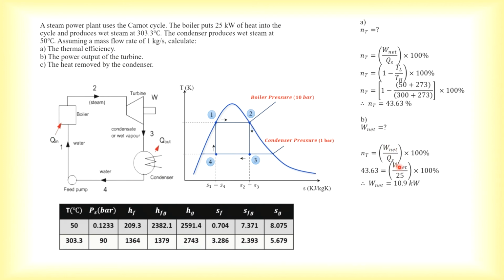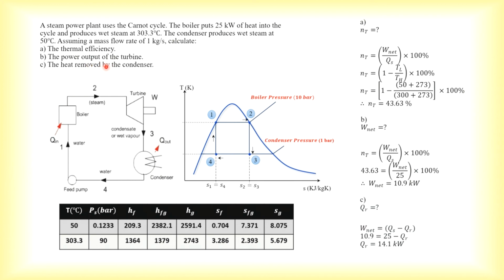So the network out, what we have is 43.63 times 25. Then you can divide it by 100 to get 10.9 kilowatt of power, because the heat supply they have given us is 25 kilowatt.